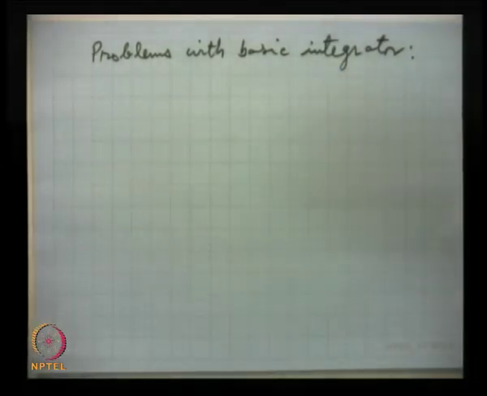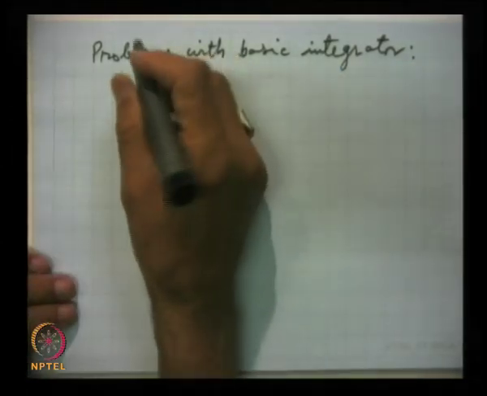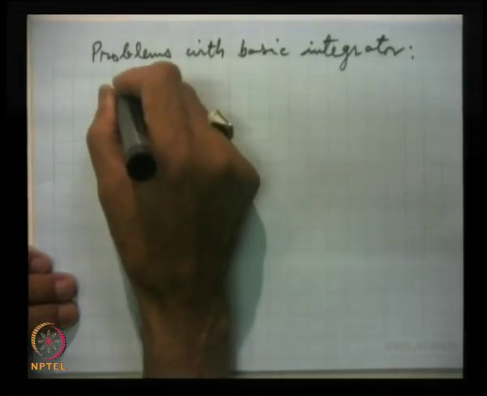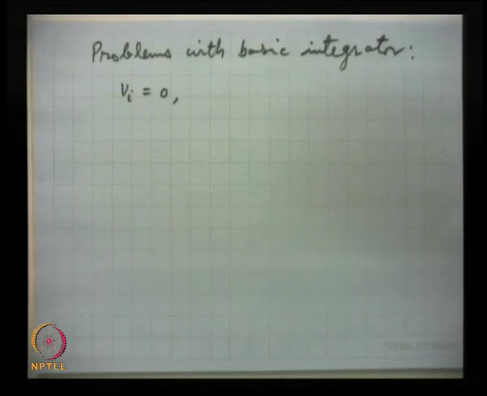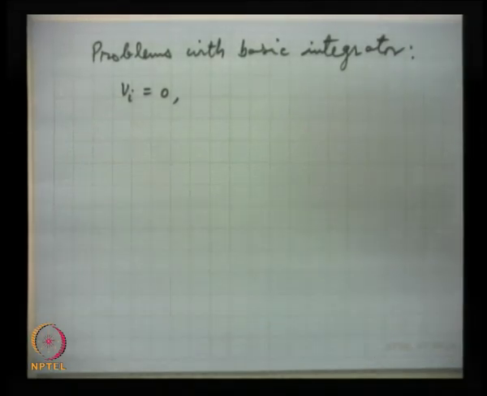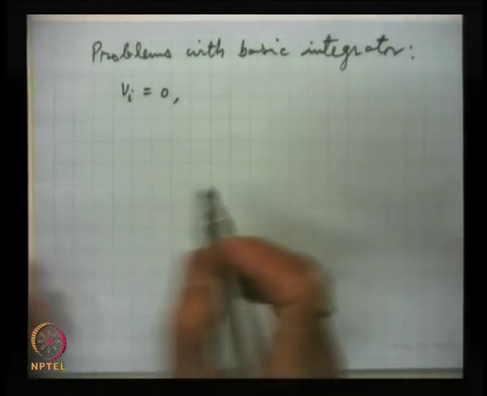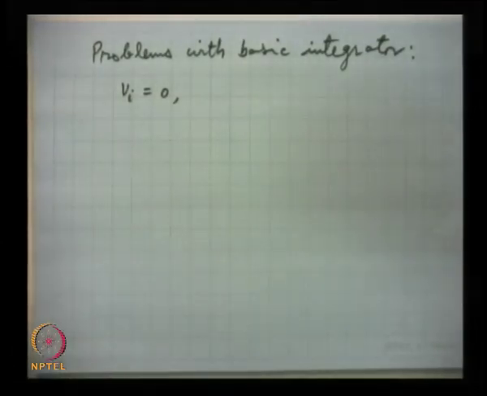The problems are that for Vi when it is 0, the integrator acts as an open circuit for DC. You look at this circuit.